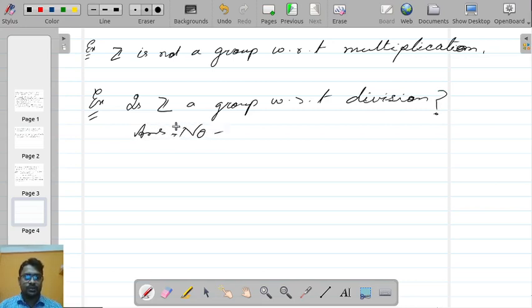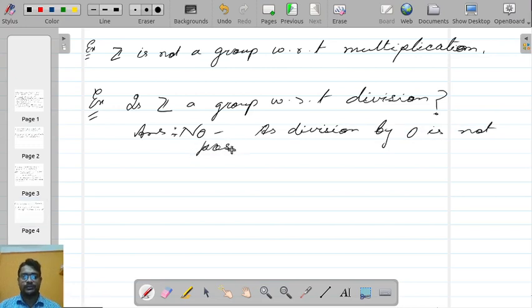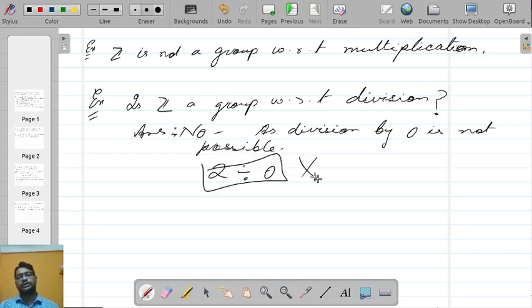Because here the operation itself cannot be defined for many pairs of elements, as division by 0 is not defined. So you cannot have something like 2 divided by 0. This is not allowed. So the set of integers with respect to division is not a group.